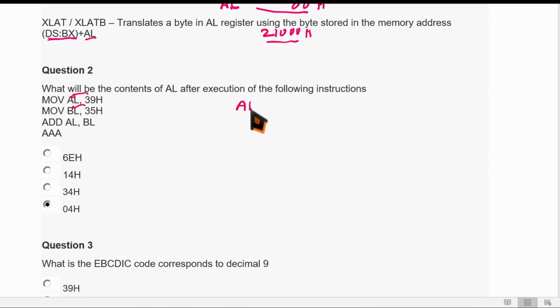So AL has 39 and BL has 35. Now you add these two, 9 plus 5, 14. That means E. This is 6. So after adding these two, you will get 6EH.